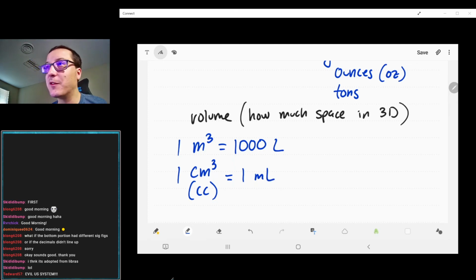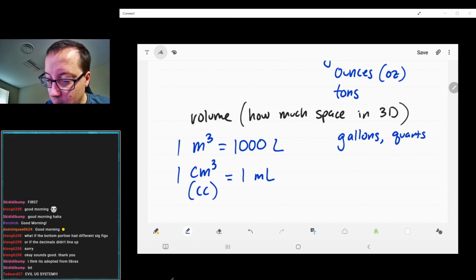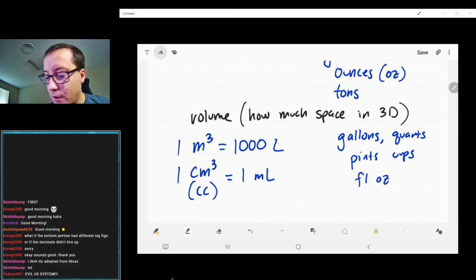We'll learn about these prefixes. But typically for volumes in the metric system, we talk about them in either cubic meters or liters or some derivation thereof. Again, in the US system, of course, we have 1,000 other things. We've got gallons, quarts, pints, cups, fluid ounces, what else do we have?